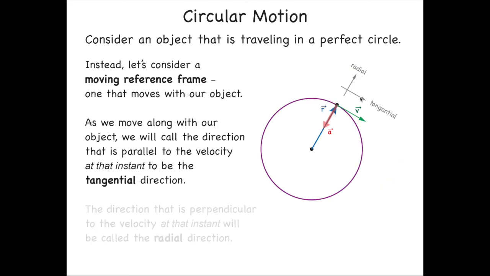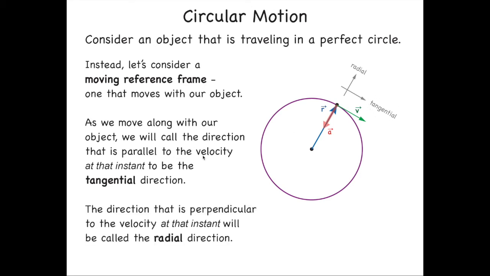So as we move along with our object, what we'll do is we'll call the direction that's parallel to the velocity at that instant, the instantaneous velocity, to be the tangential direction. Right? We'll just create a new name. Instead of x and y, we're going to have a tangential axis, and the direction that's exactly perpendicular to that will be what we call the radial axis. So we have a tangential direction and a radial direction.